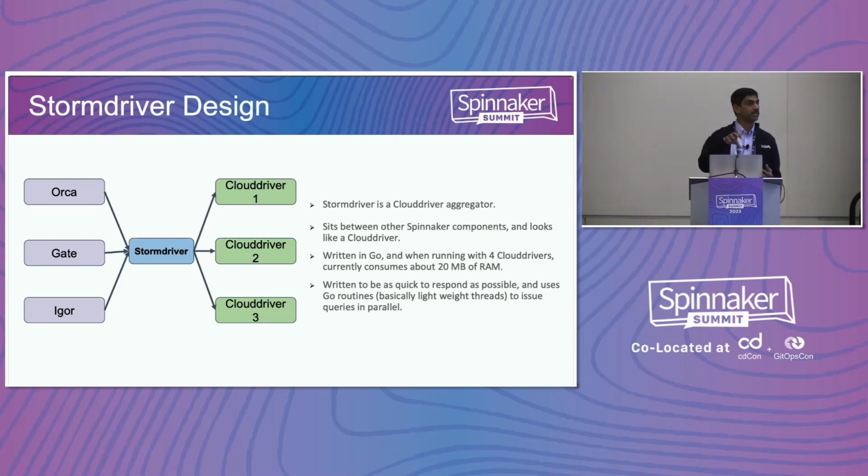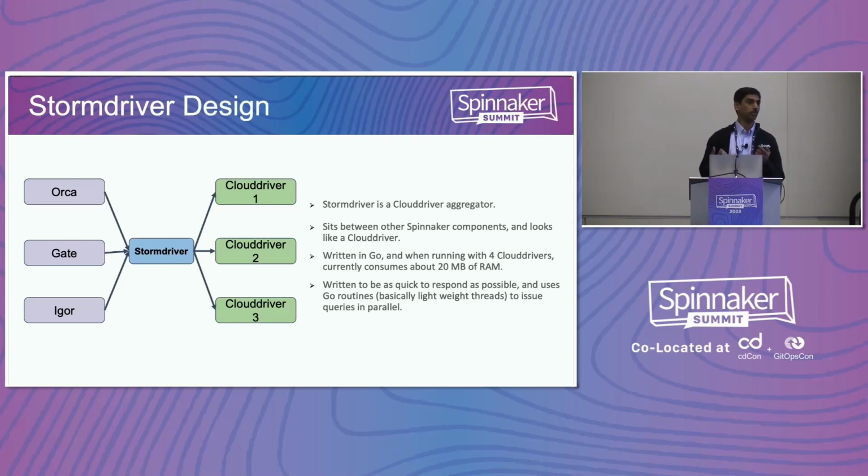The Stormdriver sitting in front of it acts as a scatter gatherer. So services like Orca and Gate that are speaking to Cloud Driver essentially talk to Stormdriver, which caches the accounts from each of these instances and responds to them. It's designed to be fairly quick. The memory utilization for thousands of accounts can be under 100 MB. And it's written in Go.